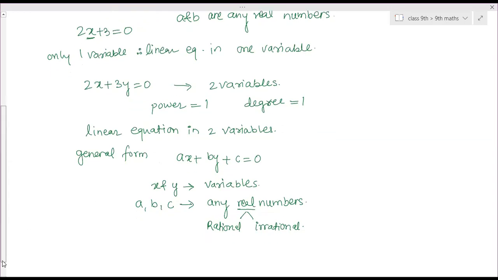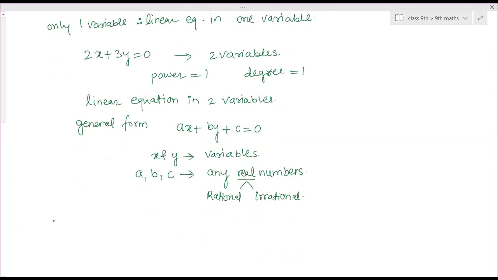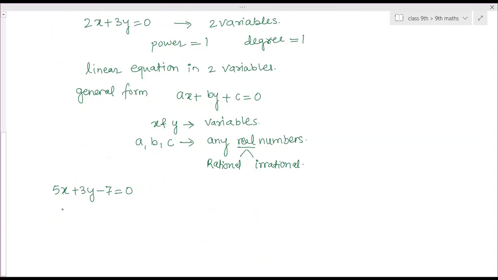So examples are 5x plus 3y minus 7 is equal to 0. Here x and y are variables. What is the value of a? A is the coefficient of x, so a is 5.